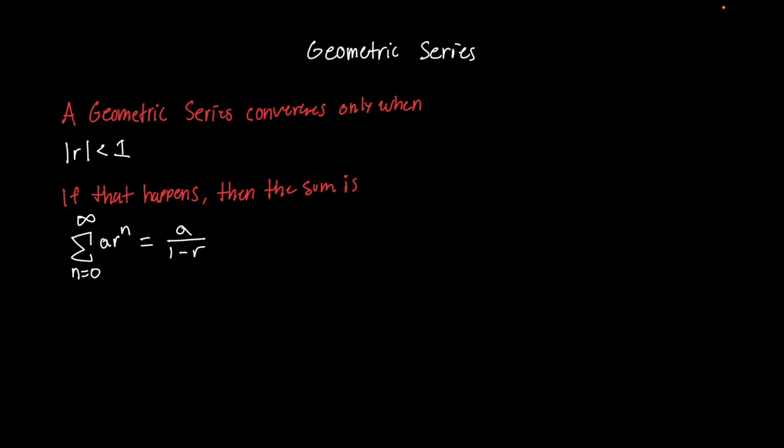So here's a good rule to remember. I'll write this down. I'm also going to be writing this in red. So remember, if the absolute value of r is less than 1, the geometric series converges.